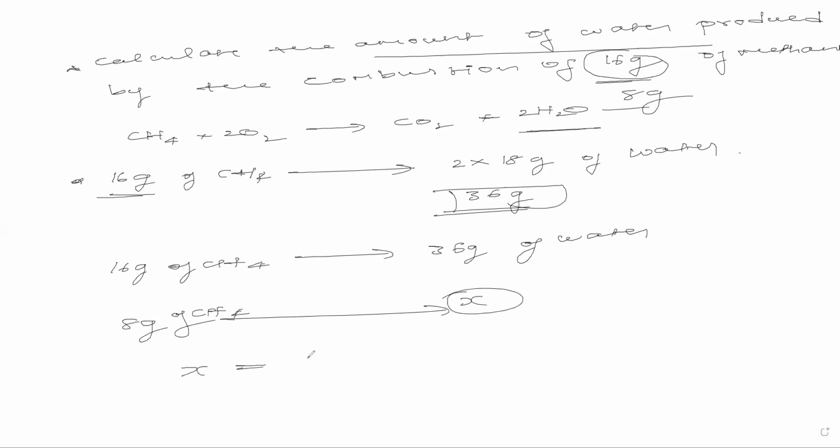So x equals 36 into 8 divided by 16. In 36, you make it half, so we get 18 grams of water.